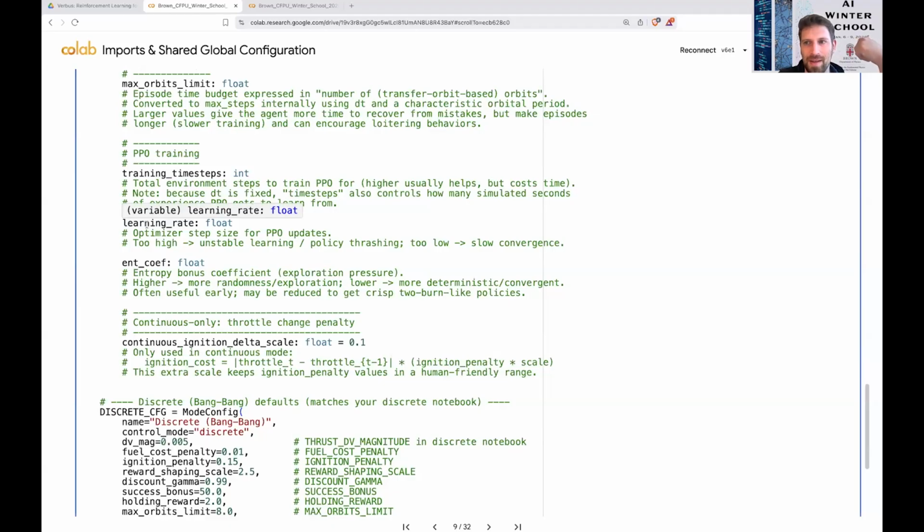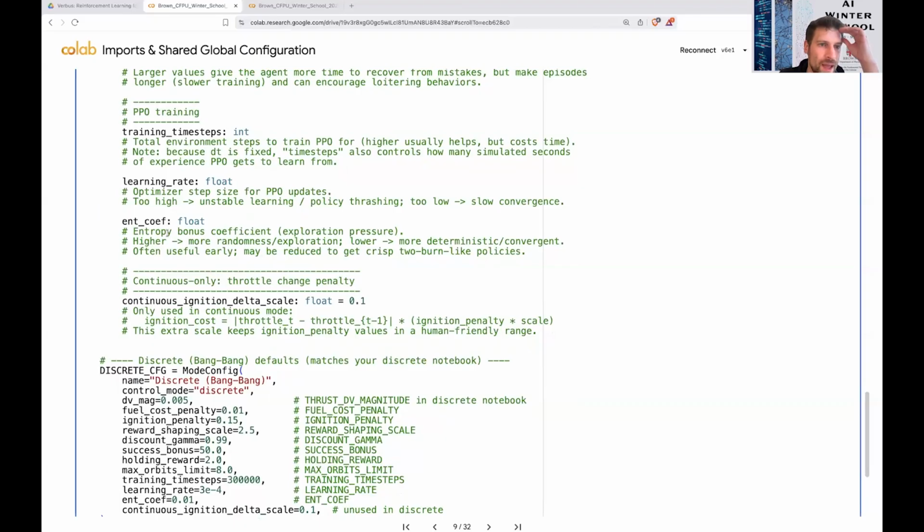Learning rate is just the optimizer for the neural networks, finding the right weights. And this is not something we need to play around with much. And then the entropy.